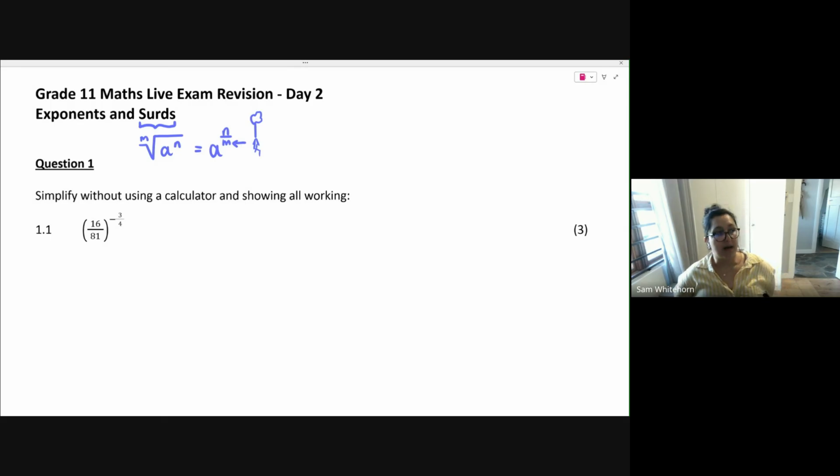Okay, so my advice to you is whenever you are in doubt, you start by writing down your prime bases. Okay, so if your numbers are not prime numbers that you're working with, that is the first thing that you're going to do. So for example, here, 16 and 81 are not prime numbers. You don't have to be able to do this in your head. You have a calculator that has a shift fact situation going on.